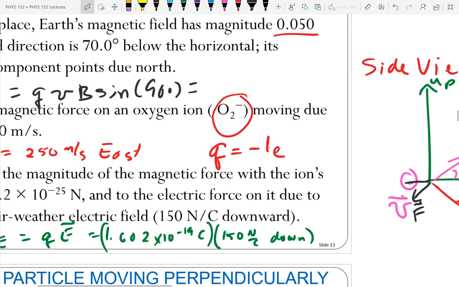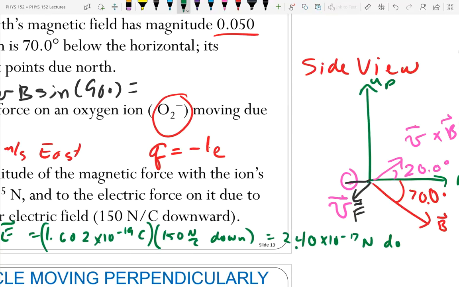That's 2.4 times 10 to the minus 17. So for this particle, the gravitational force is negligible compared to the magnetic force, but the magnetic force is negligible compared to the electric field force.